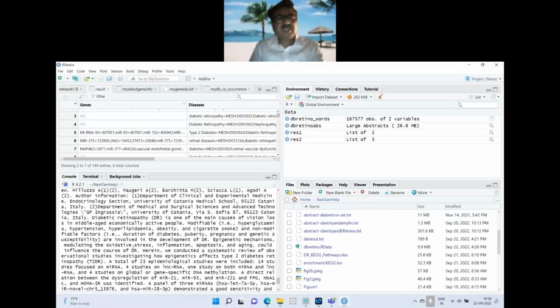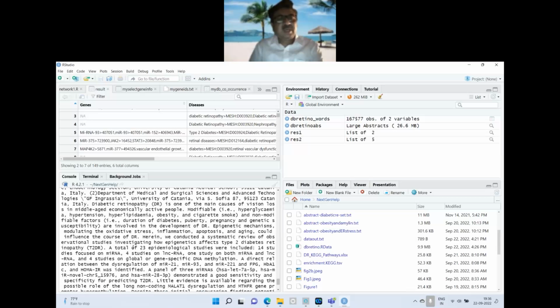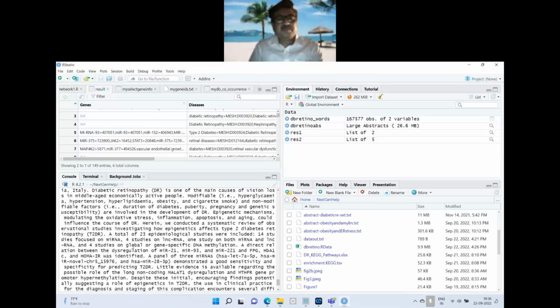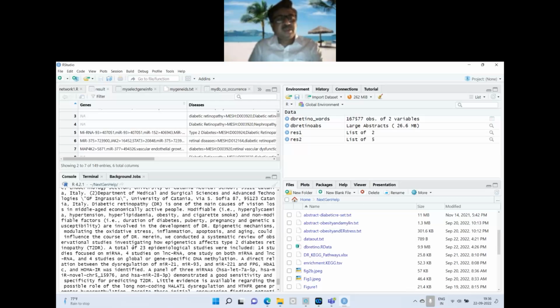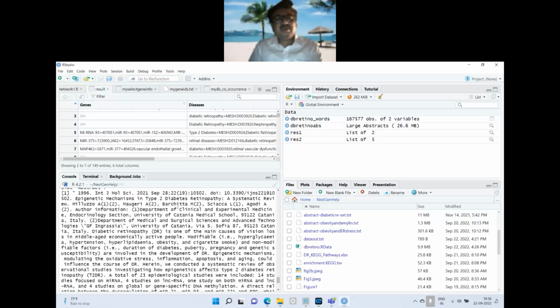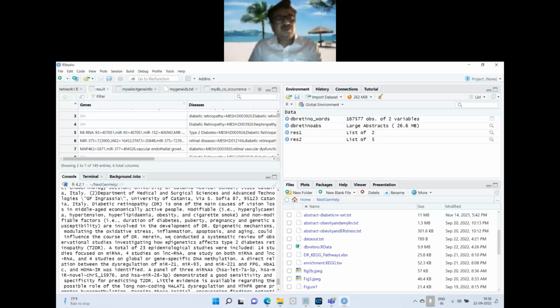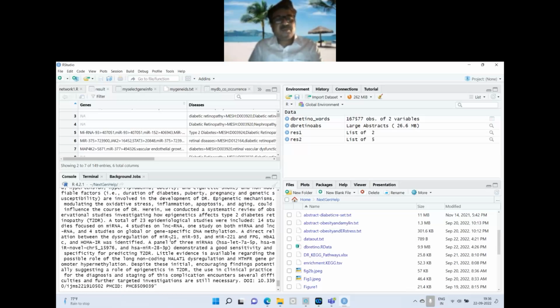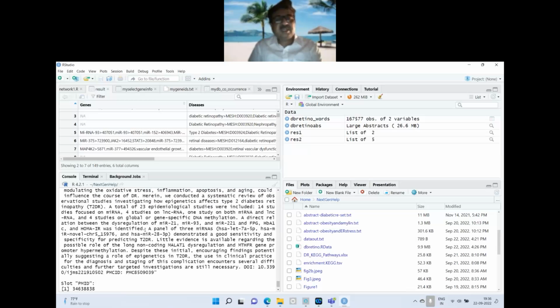So these functions are from the PubMed miner package, and as you can see here also, HOMA-IR has not been expanded. It is simply mentioned like that along with many other lncRNA genes.